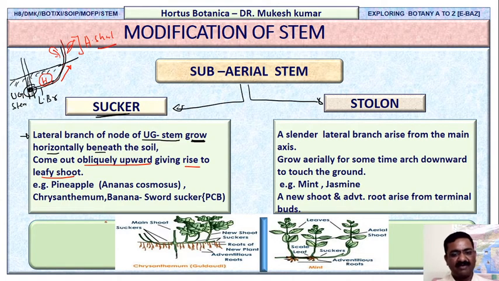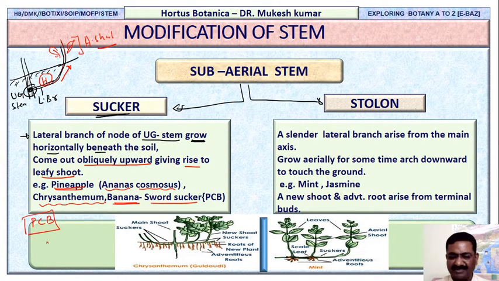A very common example is that it is also found in banana. It's called short shakka. Another example is pineapple, scientific name Ananas comosus, and chrysanthemum. You have to remember what your subject is in your NEET examination: physics, chemistry and biology, PCB.